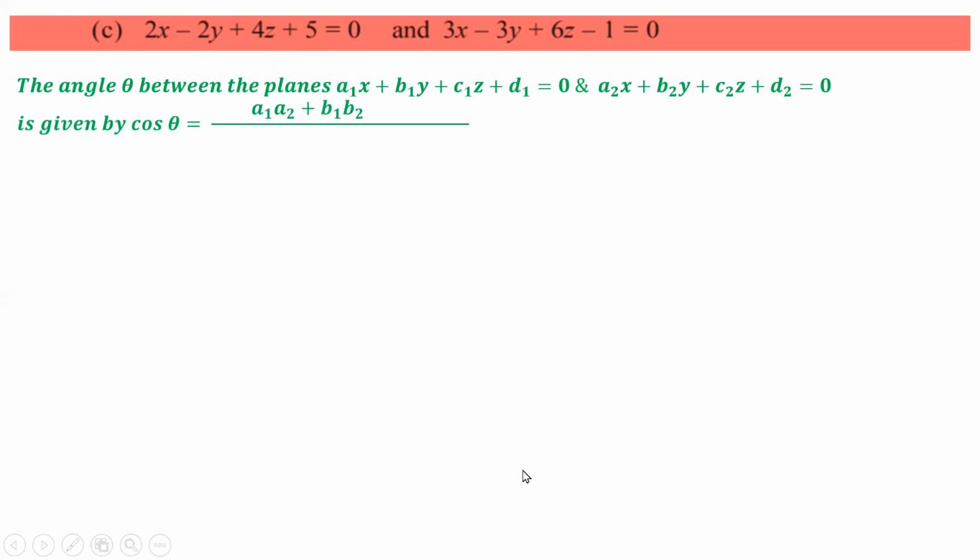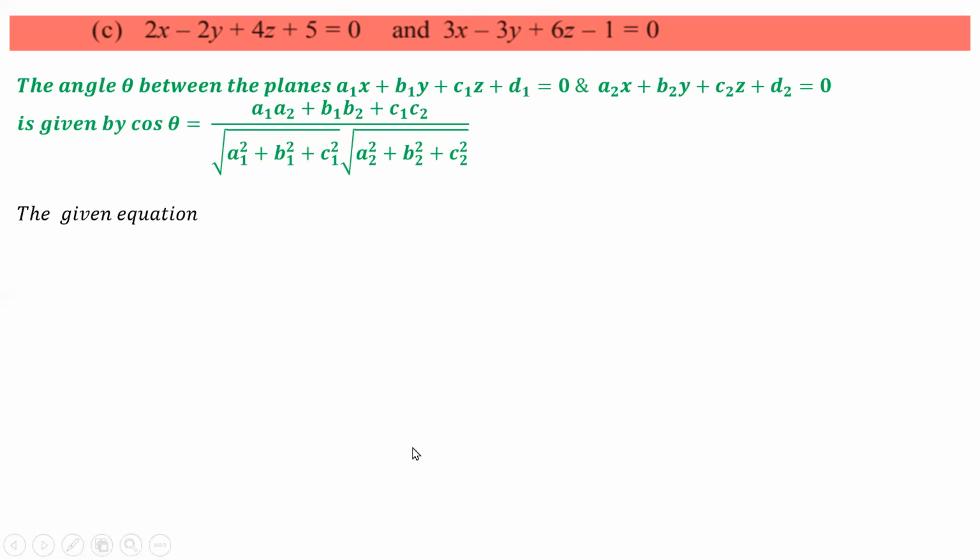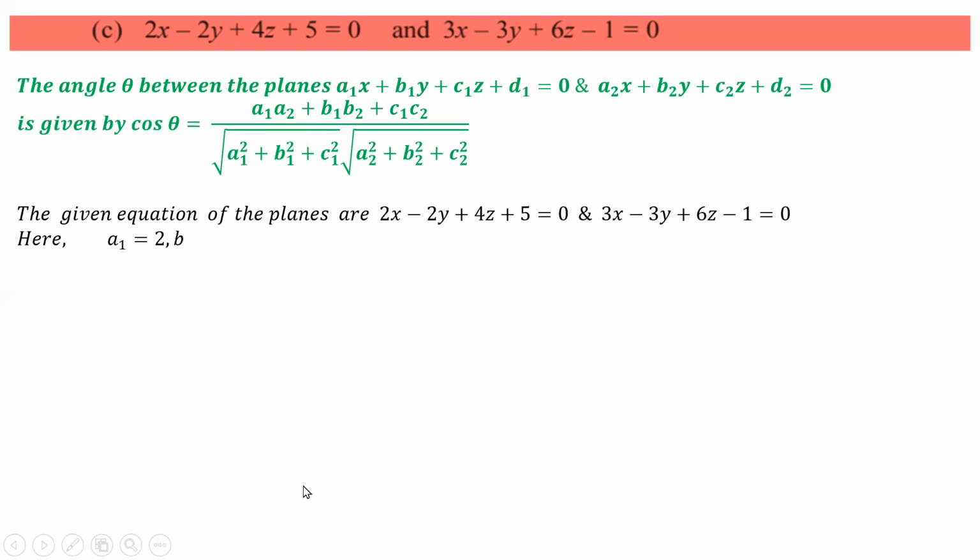So now if the planes are parallel, we need to find the ratio of a1 by a2, b1 by b2 and c1 by c2. So for that, first of all, compare the given equation and the formula. Just write down what is a1, what is b1, what is c1. So 2, minus 2, 4 are a1, b1, c1, and a2, b2, c2 are 3, minus 3, 6.